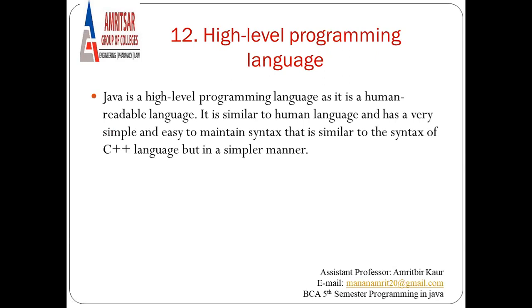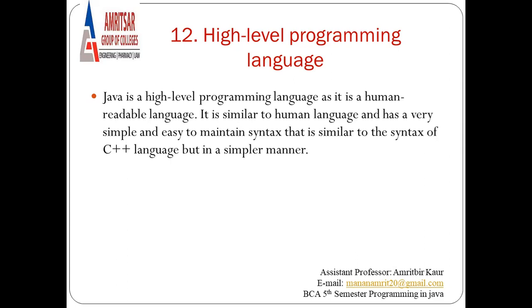Then Java is a high level programming language as it is a human readable language. It is similar to human language and has a very simple and easy to maintain syntax that is similar to the syntax of C++, but in a simpler manner.